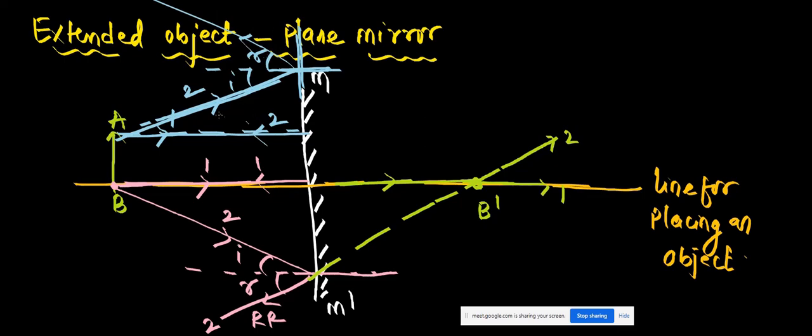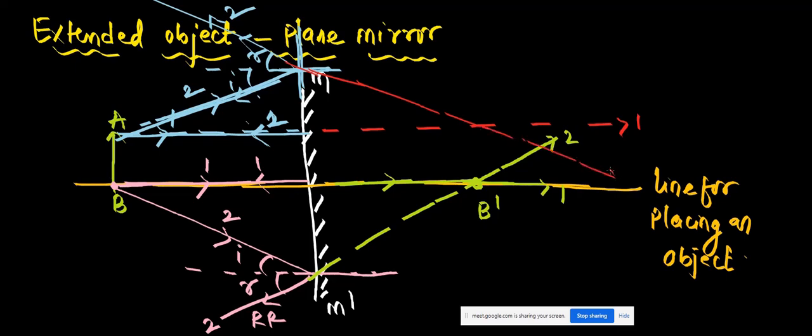So the second reflected ray and the first reflected ray, I have to extend them. If you extend, where do you get? This is the first reflected ray extension, this is the second reflected ray extension. They are meeting at this point. So this will be your A dash.